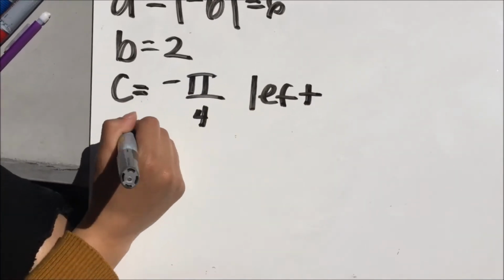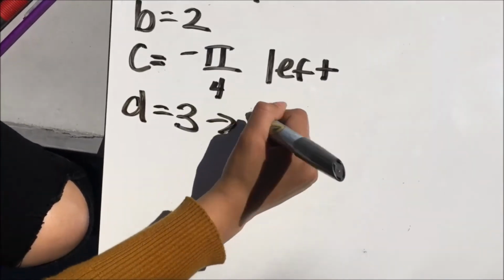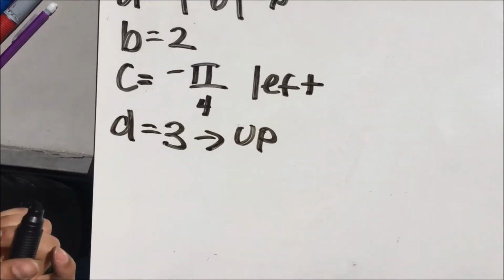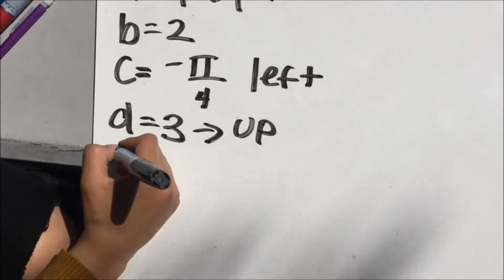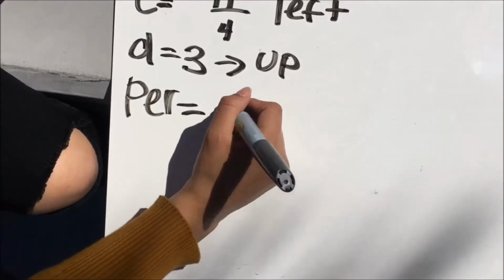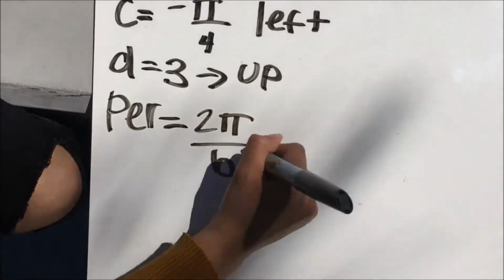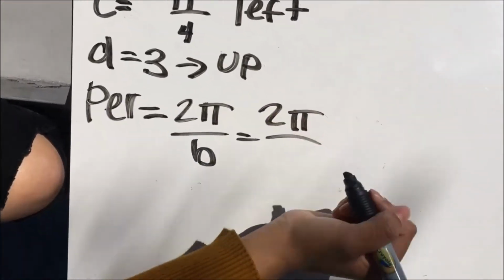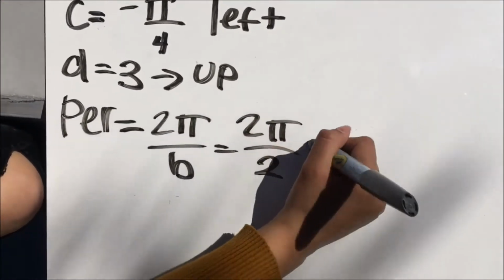And D is equal to 3, which means it goes up, vertical shift up. And then we need to find our period. And to find the period, it's 2 pi over b, which equals 2 pi over 2, which would be pi.